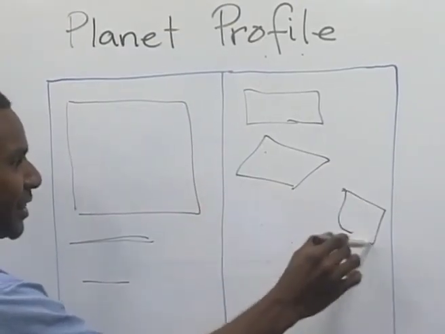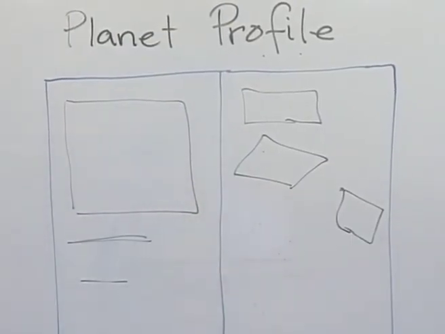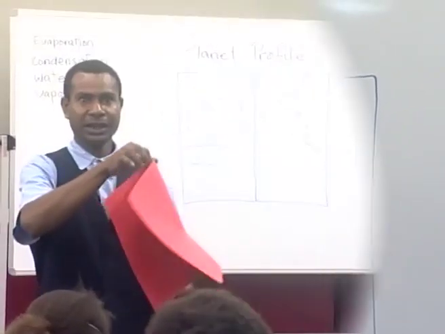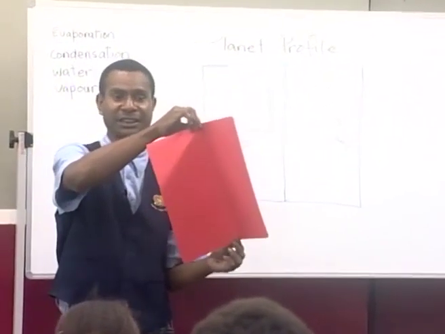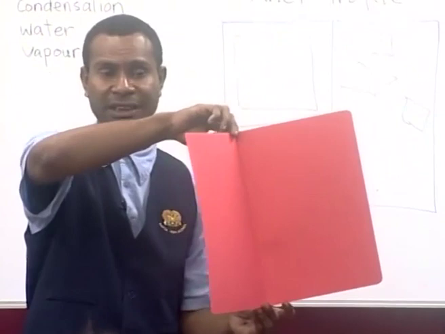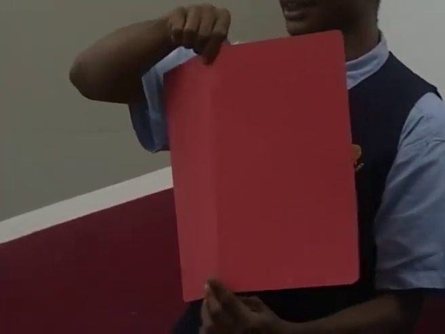Whichever way. May I have a folder? Thank you. So you have a folder like this with you. Receiving students, if you have no folder, you can use a hard cardboard. You have the inside and the back.